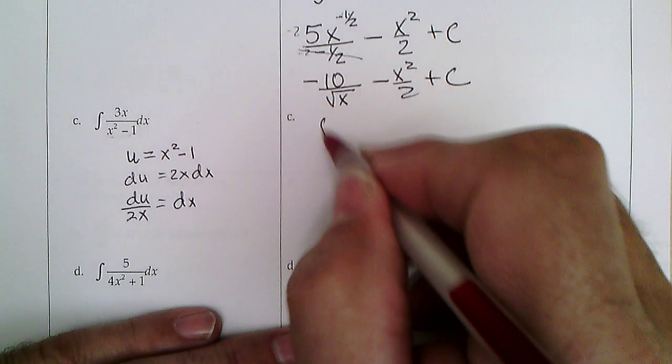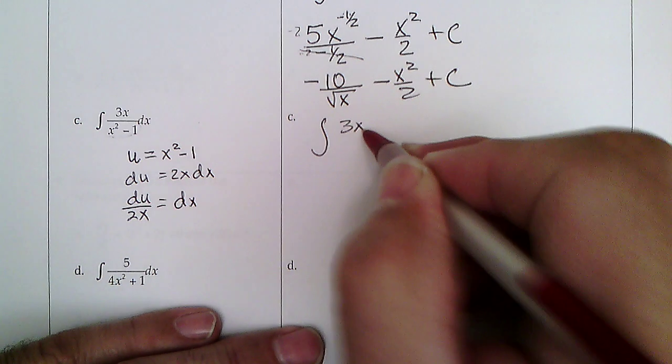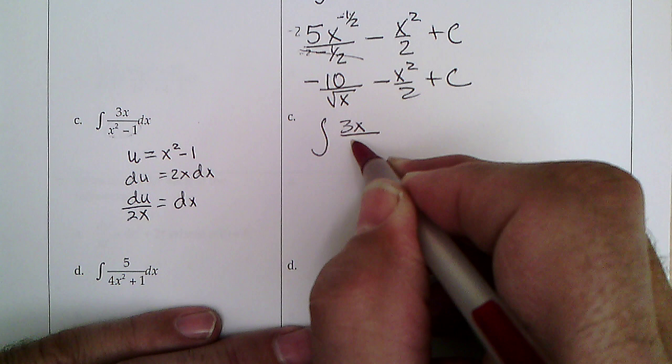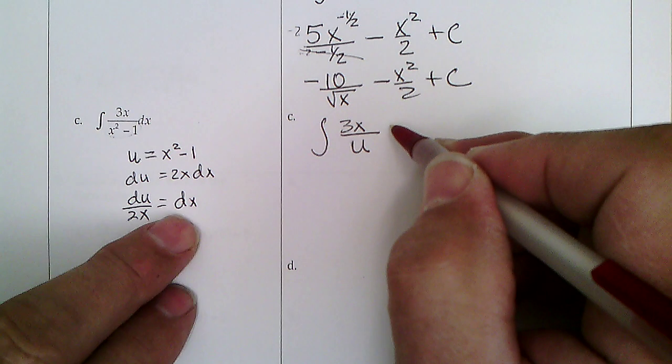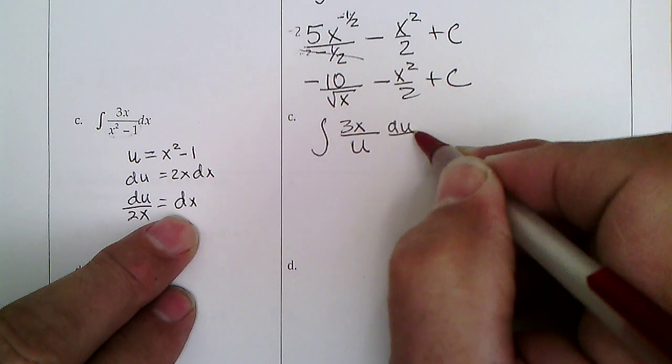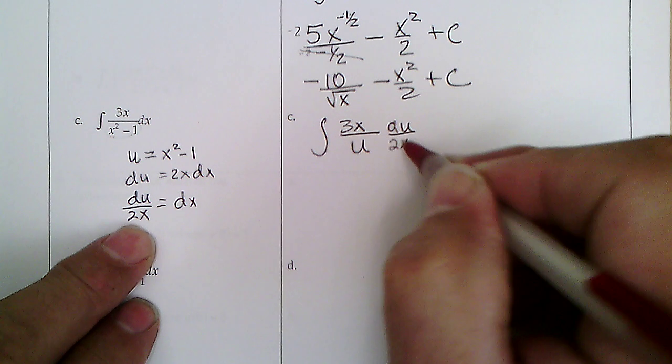So this would become the integral of 3x over u, and dx becomes du over 2x.